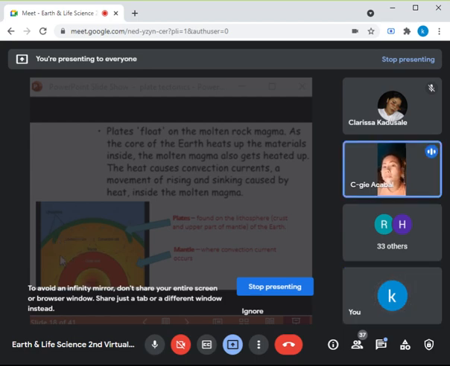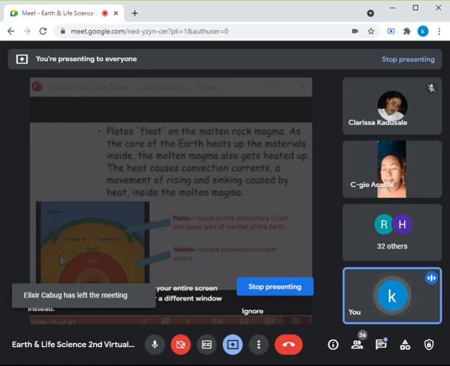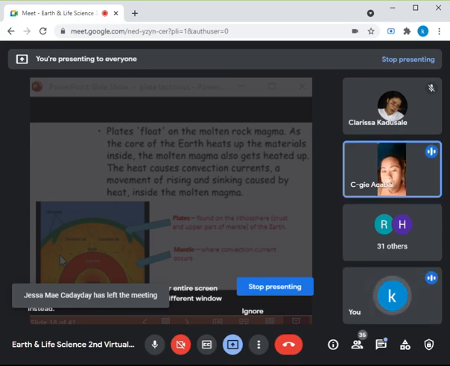Ang may tabo man gud aning convection current, ang init musaka, ang bugnaw sa babaw mo sink. So warm will rise and the cooler molten rock will sink.